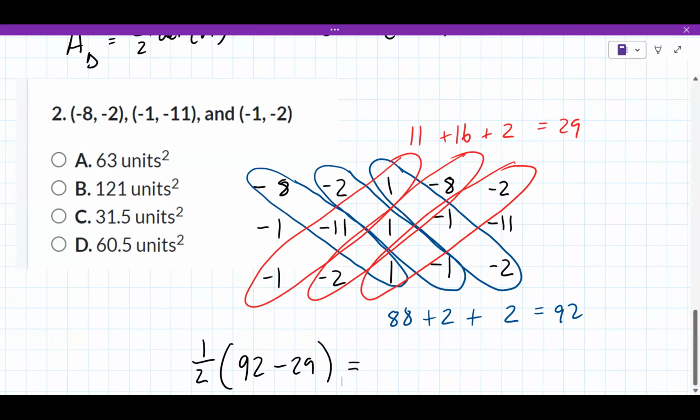I'm going to just use the Desmos graph, not to reference some scientific real quick. 31.5. You're good. There's your answer.